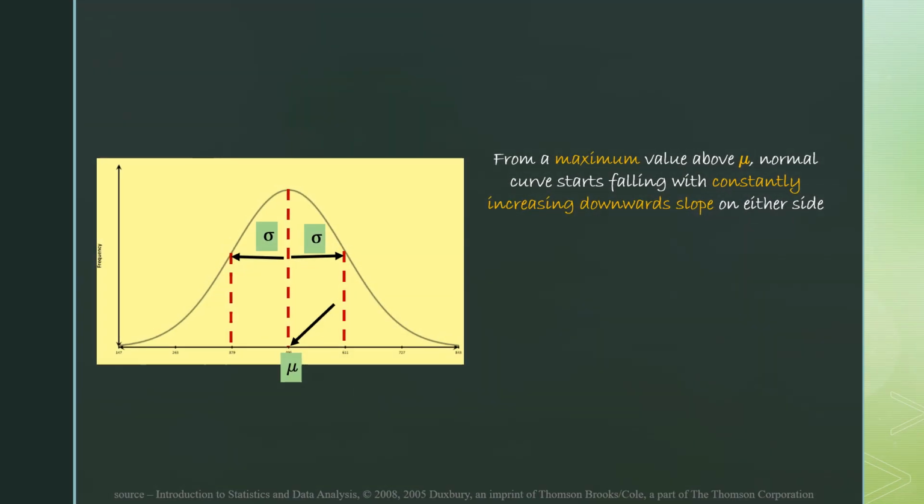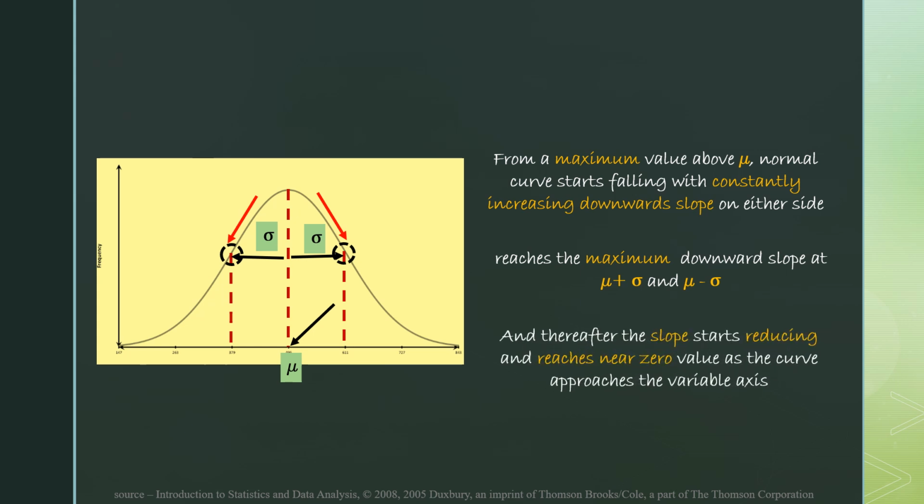From a maximum value above mu, the normal distribution curve, also called the normal curve, starts falling with constantly increasing downward slope on either side. It reaches the maximum downward slope at mu plus sigma and mu minus sigma, and thereafter the slope starts reducing and reaches a near zero value as the curve approaches the variable axis.